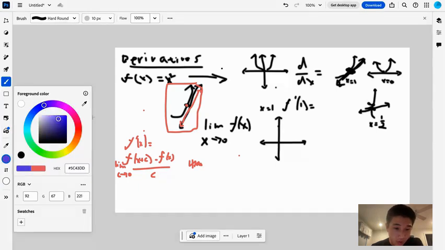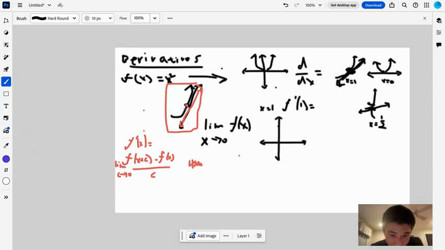Let me just change the color real quick. So, instead of just using 1 point and getting an exact value, we can use 2 points to approximate this value and thus find the line that goes through these 2 points. Now, it's very easy to find the slope of a line from the 2 points that you know. You can use the point slope form, or you can use the slope intercept form, right?